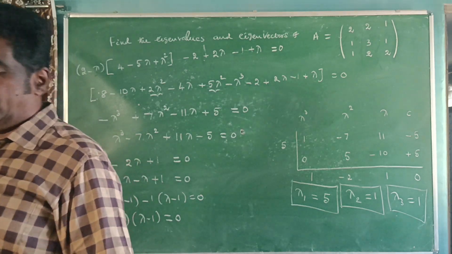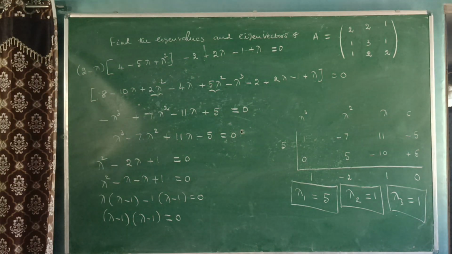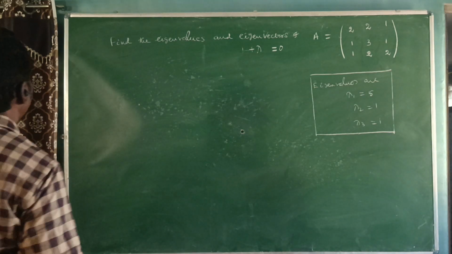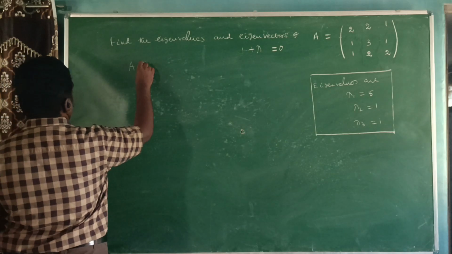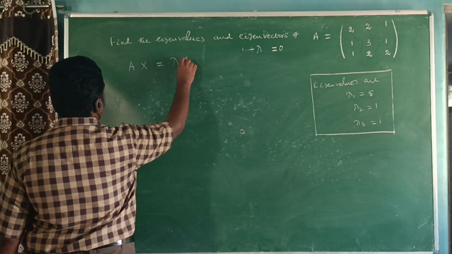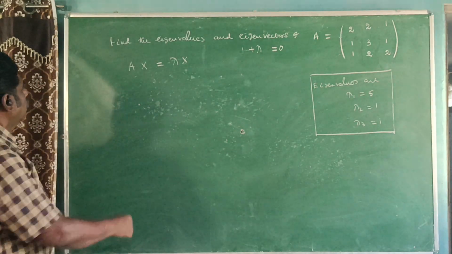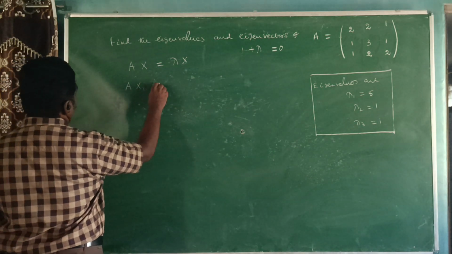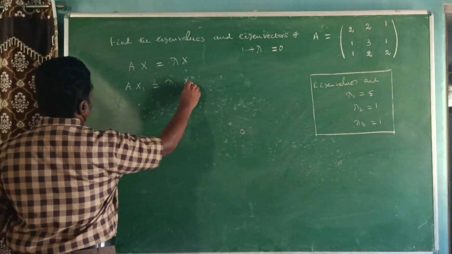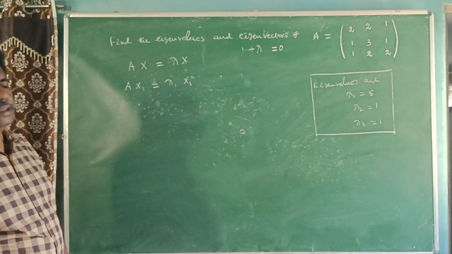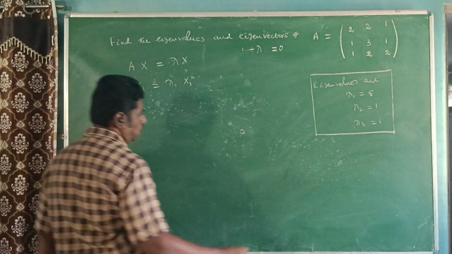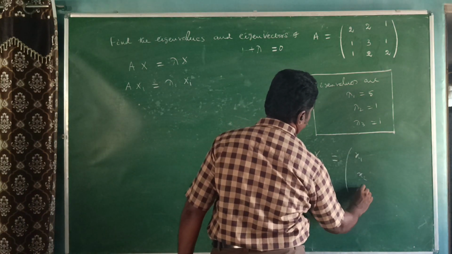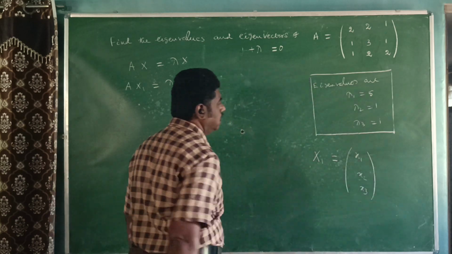Now we have to find out the eigenvectors. To get the eigenvectors, we use our eigenvalue equation, A into x equal to lambda into x. This is the general equation. For the first eigenvalue lambda 1, we write A into x1 equal to lambda 1 into x1. Here x1 is the eigenvector. The value of x1 is x1, x2, x3, a column matrix with 3 elements.